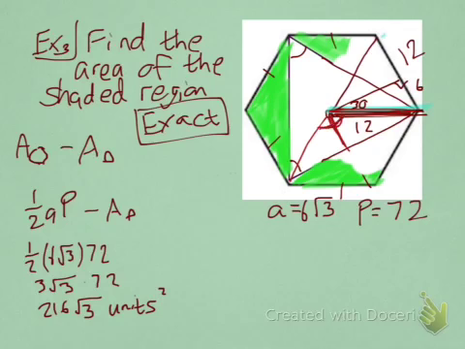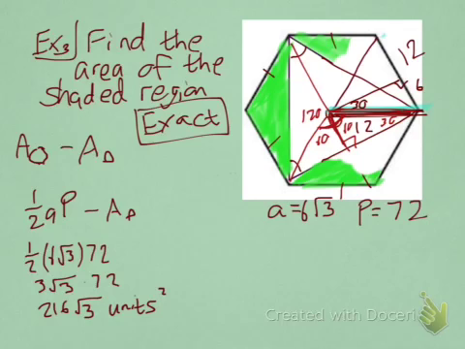So this central angle is 120 degrees, which means when I cut it in half, I get 60 and 60, which means again I have a 30, 60, 90 triangle where the hypotenuse is 12. So if the hypotenuse is 12, then what is the short leg? Well, the short leg is just half the hypotenuse.